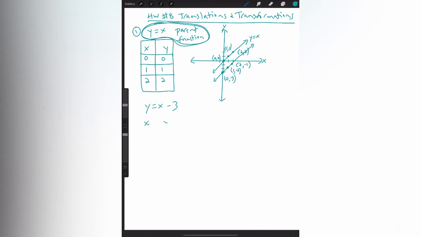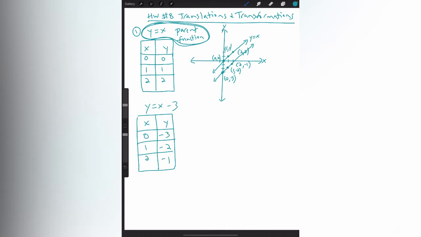So watch this. If I would have taken the time, and this was the longer way, to go through and graph these points, right? If I were to say 0, 1, and 2, the same 3 points I did up here, 0 minus 3 is negative 3. 1 minus 3 is negative 2. 2 minus 3 is negative 1.